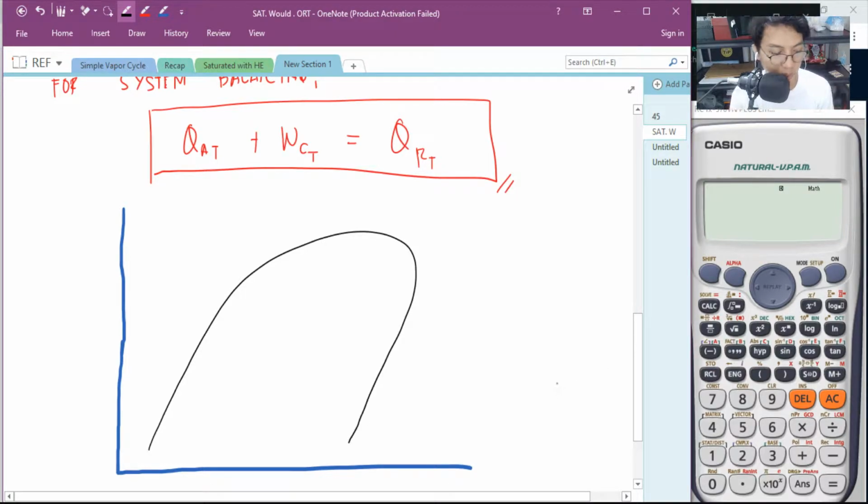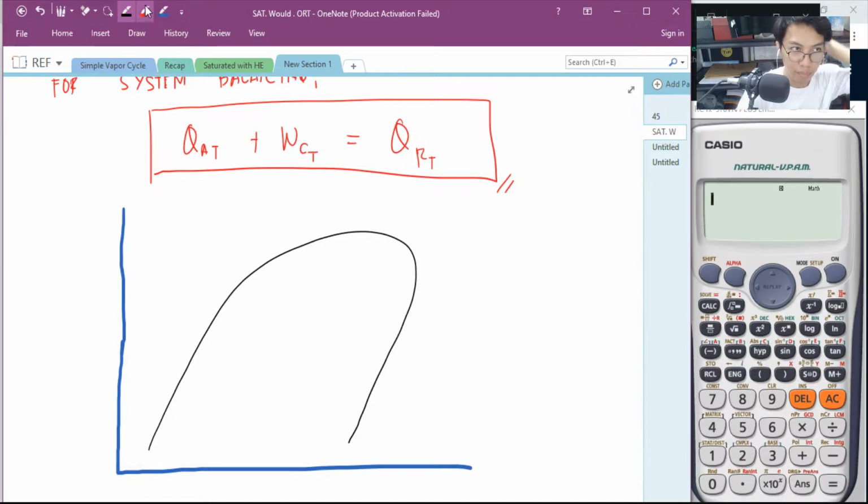Yan, pwede na yan. And then we have 10 points there. This is your point 1. Yung point 3 nyo nandito. And point 5. Pare-pareha silang saturated. Now, let us trace this back.